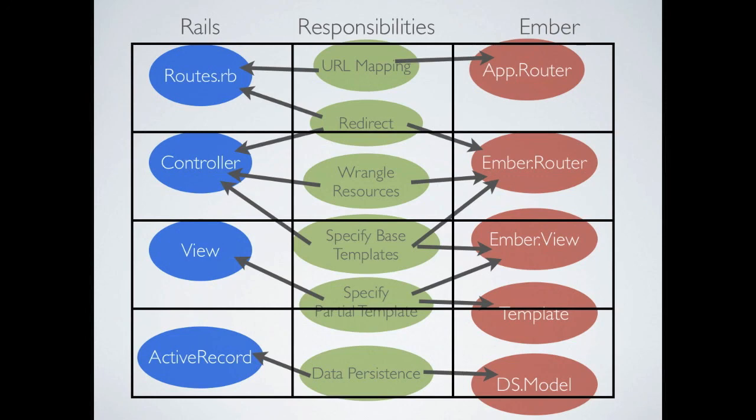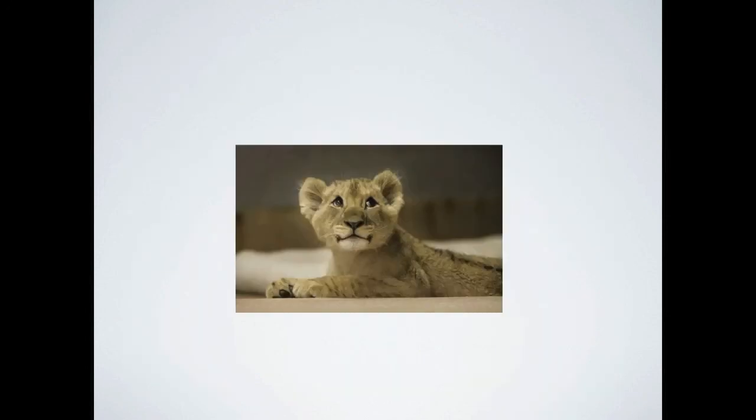If all the responsibilities in the Rails class are mapped directly to Ember, you get this image in your mind of what that Ember class is supposed to do. But then, Ember is a different type of framework than Rails. It's a front-end framework. It can do more.